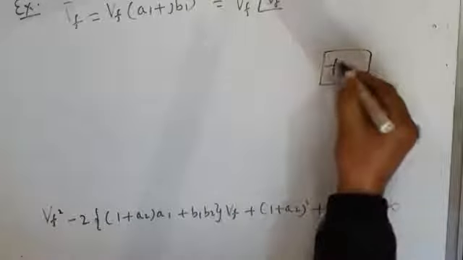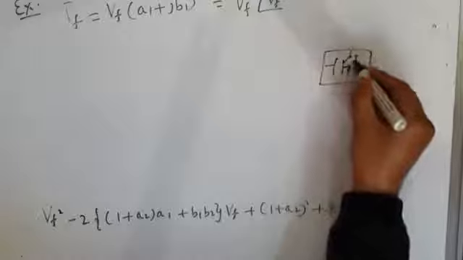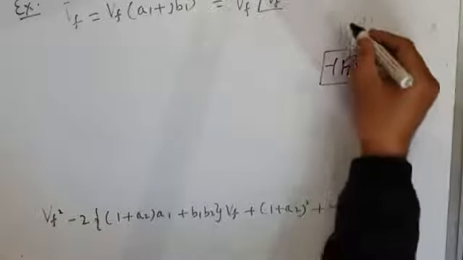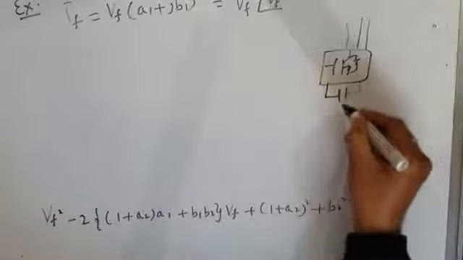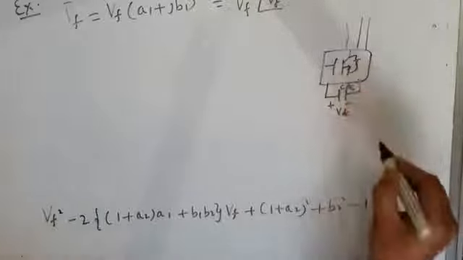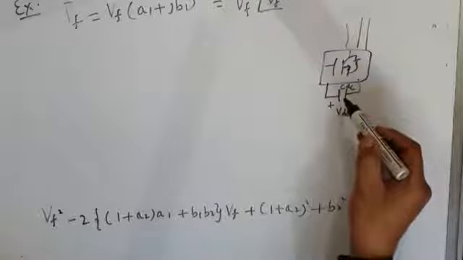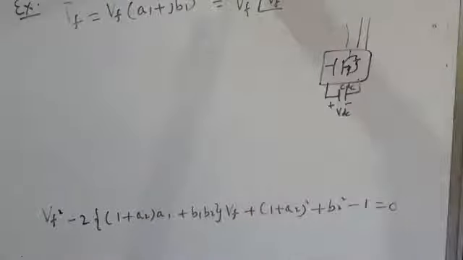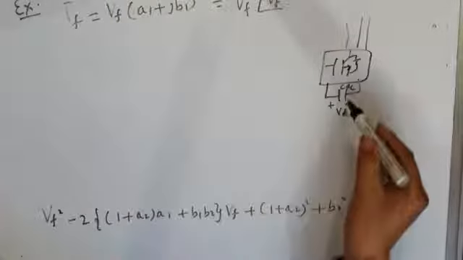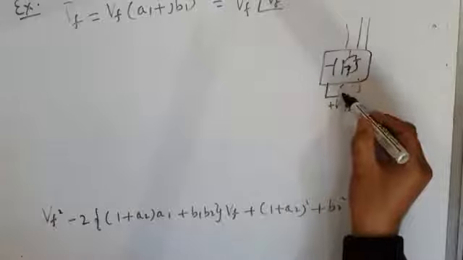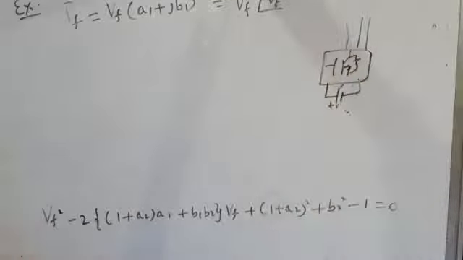This is your DVR, it has AC, where it injects the voltage, and it has DC. On the DC side, a capacitor will do the job. This is VDC, CDC. When the DC bus has a capacitor, it will inject the reactive power and compensate for the voltage. But if it has to supply real power, a capacitor energy storage will not work, then there should be some energy source like a battery.